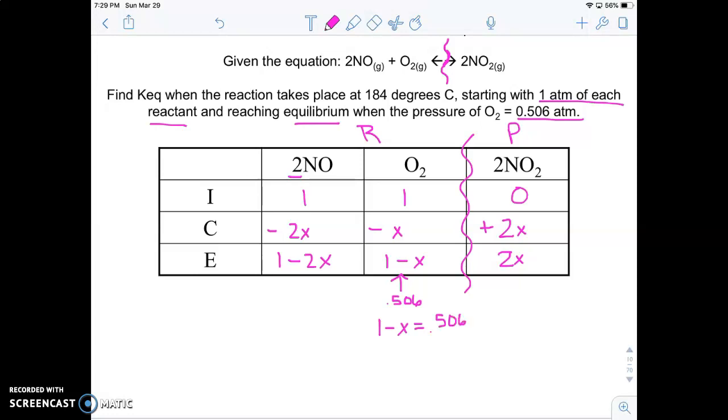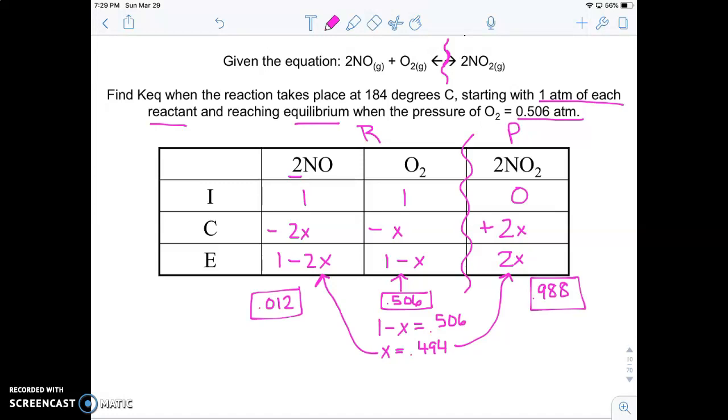So if I get x by itself, I get x equals 0.494. Okay, so now that I know what x equals, I can plug that in here, and I can plug that in here. And when I do that, I get 0.012 for my NO, and I get 0.988 for my N2.